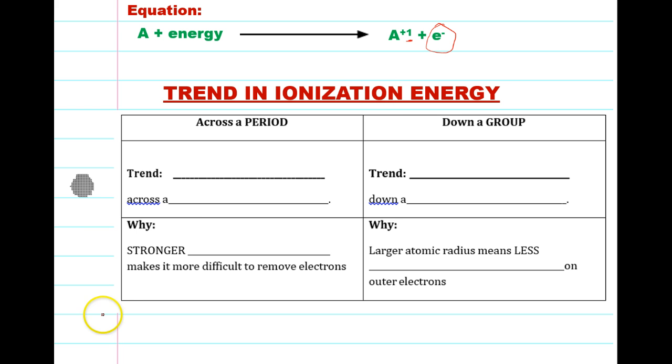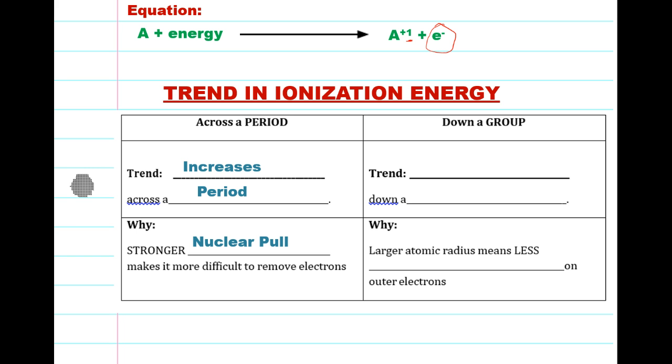So let's take a look at this trend. As we go across the period, the trend is that the ionization energy is going to increase. Why is that? Because you have that stronger nuclear pull, more protons, stronger attraction between the electrons and the nucleus. So it's going to require more energy as we go across the period.